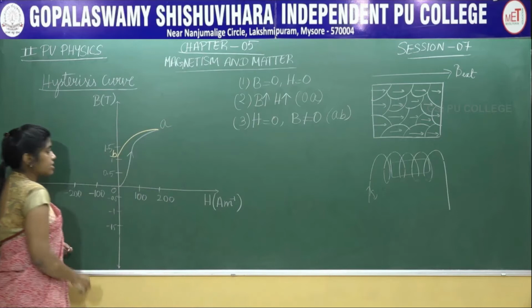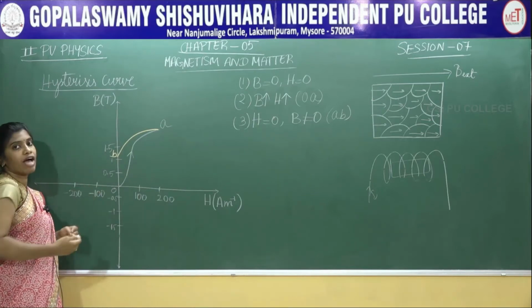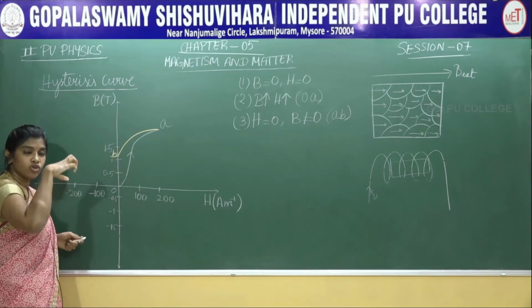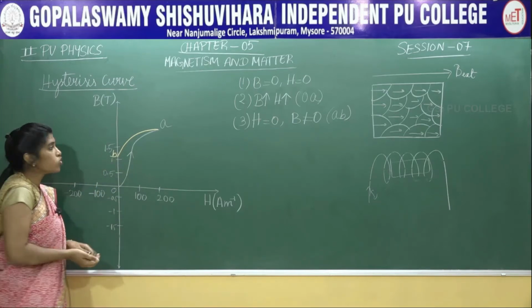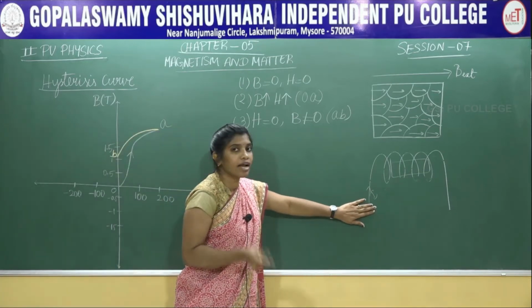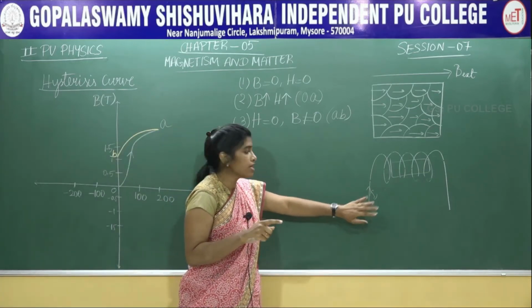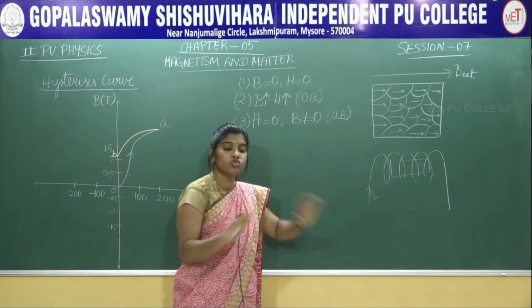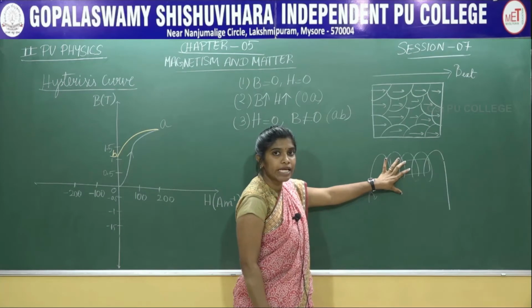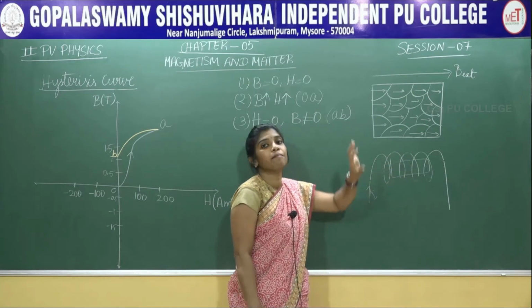Okay. Next, let me further decrease the value of H because I want to make this B value become 0. So, what has happened here is I have completely made the current equal to 0, that is, there is no more current in the solenoid. But what has happened to the ferromagnetic material? It is still showing certain magnetism.